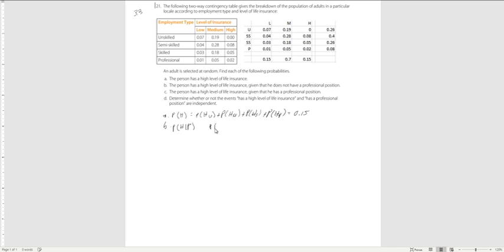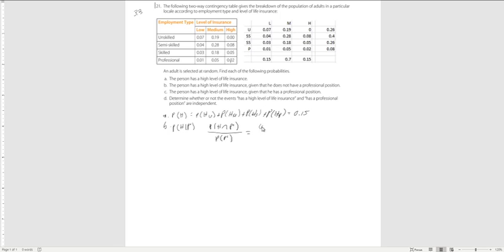We have the probability of the intersection of high insurance and not professional, divided by the probability of the complement of professional. So the intersection of high and not professional: here's professional and up to high, so we're looking at this set up here. All this is not professional, and there's professional and high. So we're looking at those three cells there.